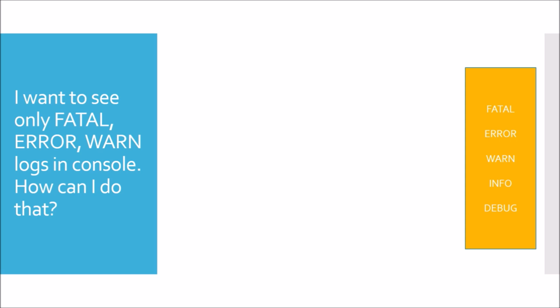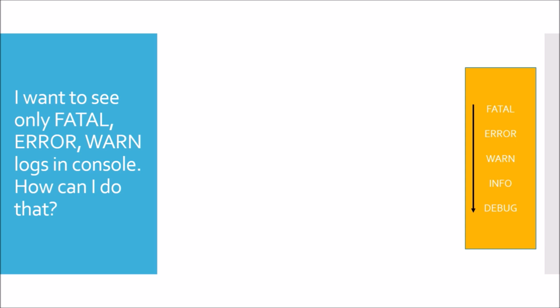If you also remember the hierarchy of these logging levels, then fatal has the highest priority and debug will be the lowest priority. So from fatal, the priority goes down to debug. If I want to see only fatal, error, and warn logs, I set my logging level to warn, and I can see warn, error, and fatal.